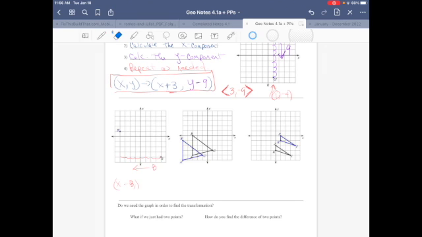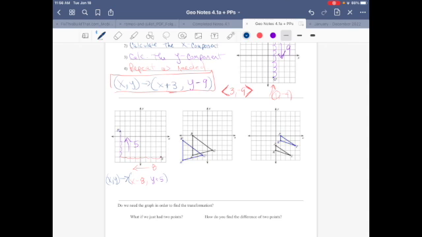Then we're going to go up 1, 2, 3, 4, 5. So we went up 5. So that would be y plus 5, like so.